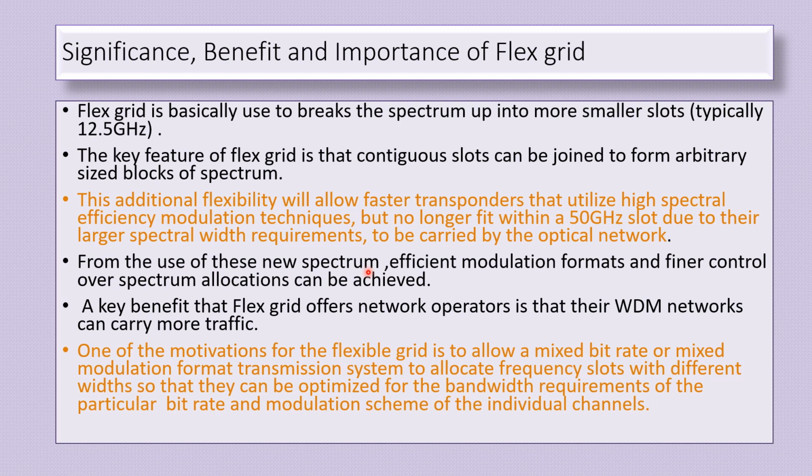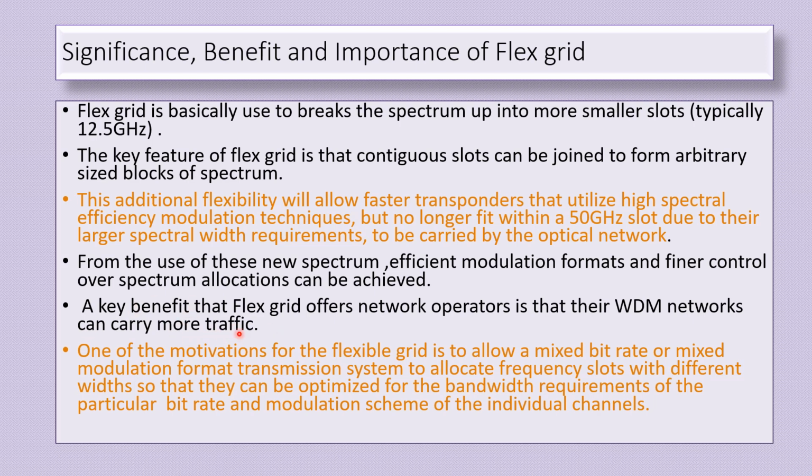From the use of these new spectrum-efficient modulation formats, finer control over spectrum allocation can be achieved. So in the same system, we can use 50 gigahertz, 75 gigahertz, 100 gigahertz, or 25 gigahertz. Any slot width we can use in a flex grid system. A key benefit that flex grid offers network operators is that their WDM networks can carry more traffic.